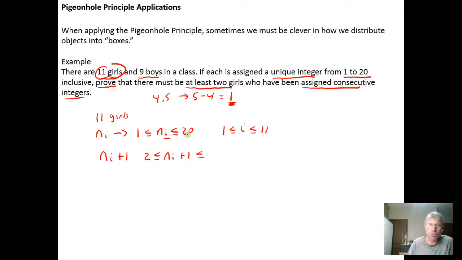And the biggest is 20 plus 1, which is 21. So n sub i plus 1 is going to be a number between 2 and 21. And because i runs from 1 to 11, there's going to be 11 of these. There's going to be 11 n sub i's.